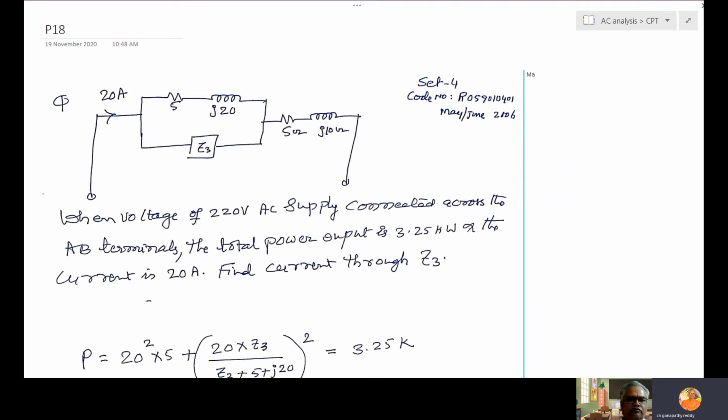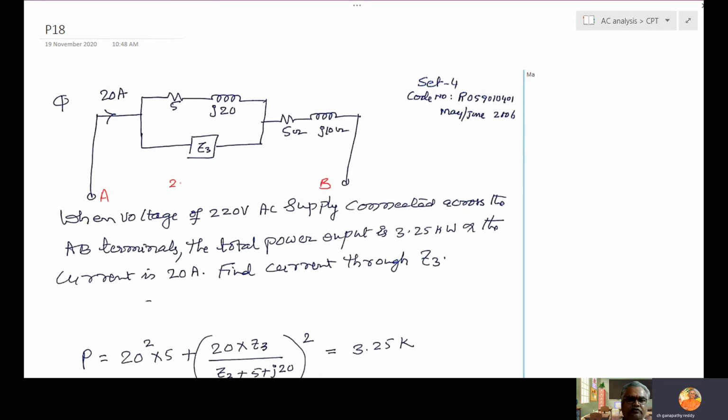So this is also an essay type problem. This is a circuit given where a voltage of 220 volts AC supply is connected across the AB terminals.